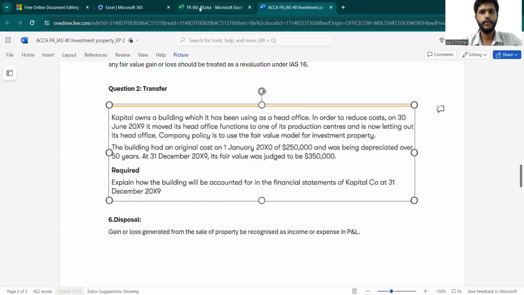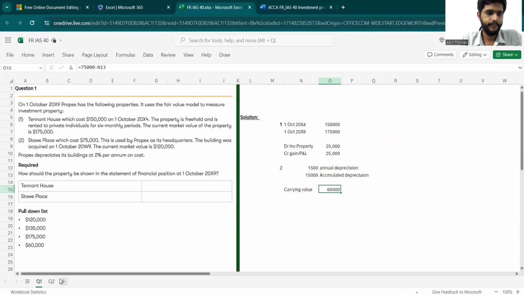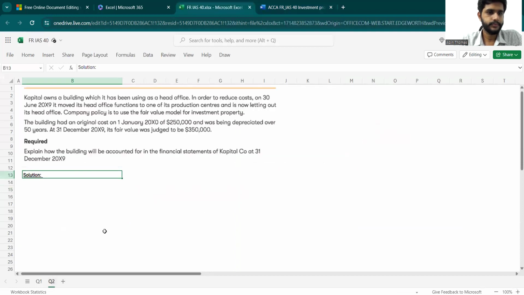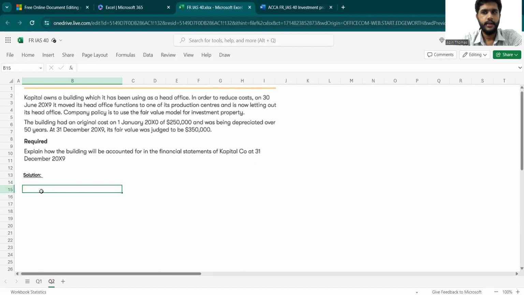For that, we can move to our Excel sheet. Question 2. Let's read the question first. Capital owns a building which it has been using as a head office. It is their administrative use, so it is under IAS 16.